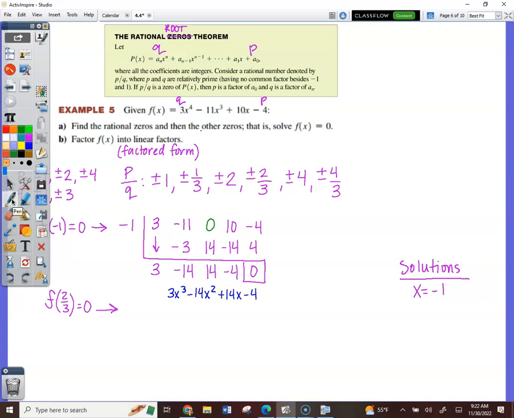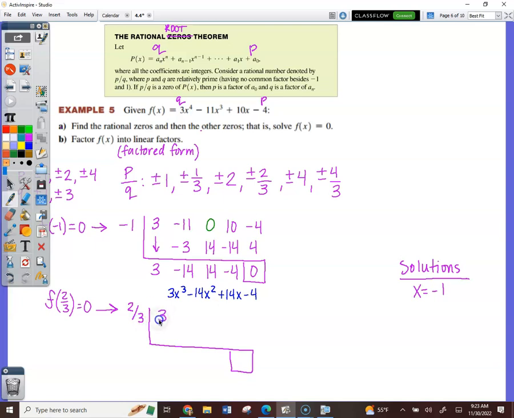So you don't go back to the original polynomial and divide this into it, because remember, the idea was to get it down to a quadratic. Well, right now it's a cubic. So you just pull those same numbers down. We're checking 2/3.